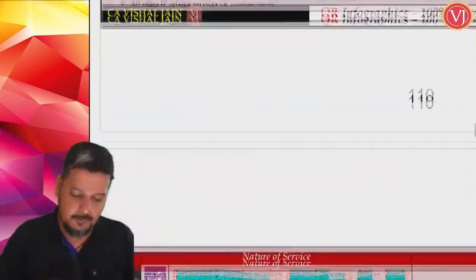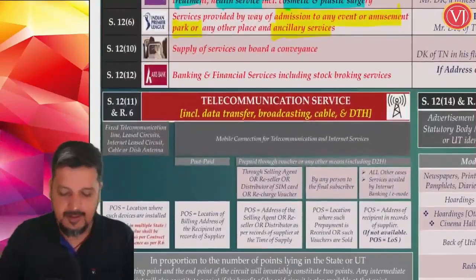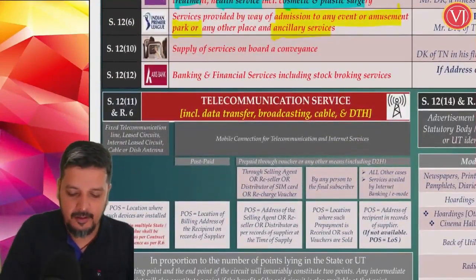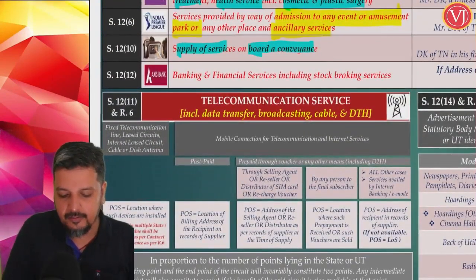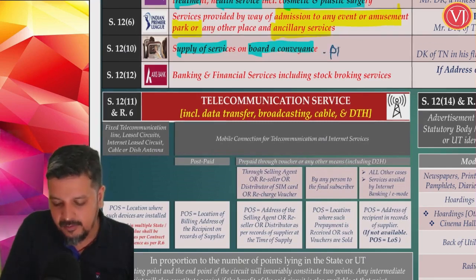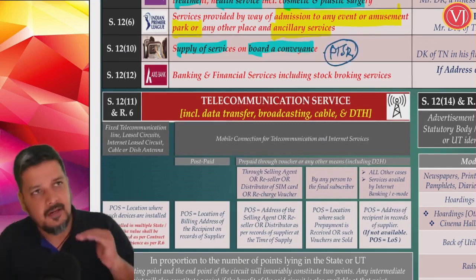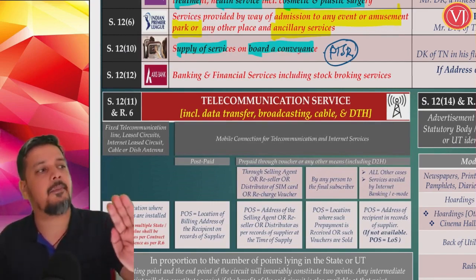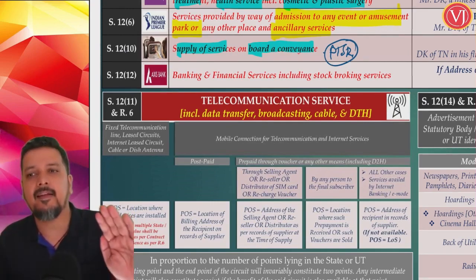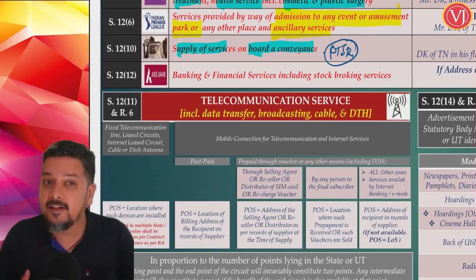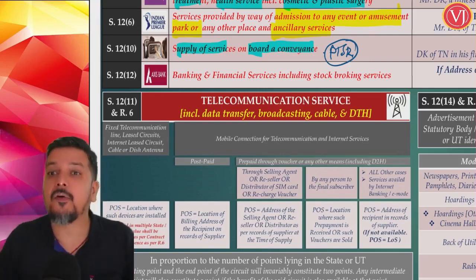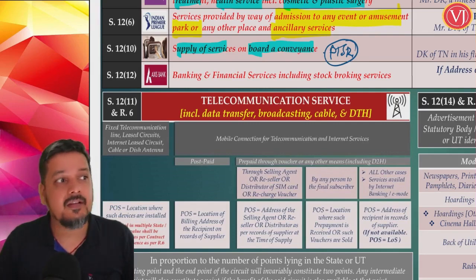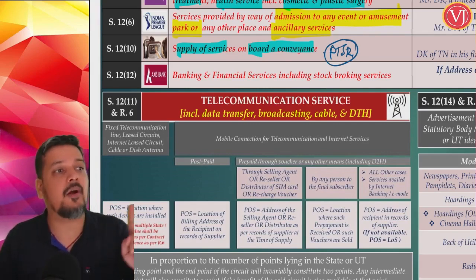But wait. There is supply of services on board a conveyance when you are talking about passenger transportation service. When you're traveling in a train or bus or plane or vessel, there are certain services that you get. The example that she said, food services. Now it is not supply of goods on board a conveyance. It is supply of service on board a conveyance.